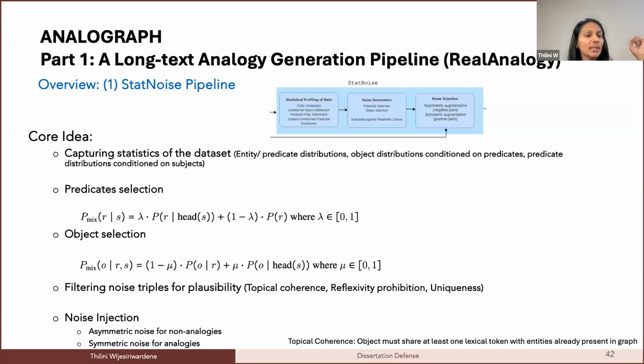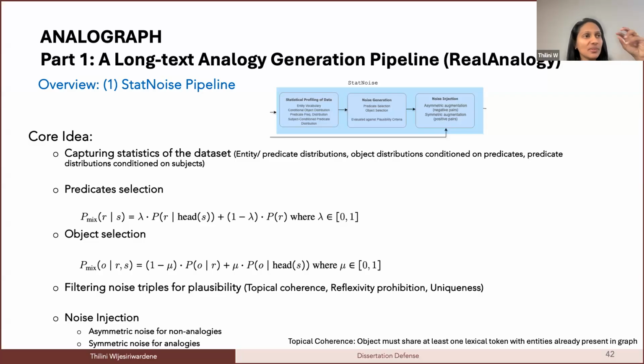The core idea for StatNoise is that you capture the global statistics of the data set and later use it to pick the noise. You use that to pick the predicates and the objects.